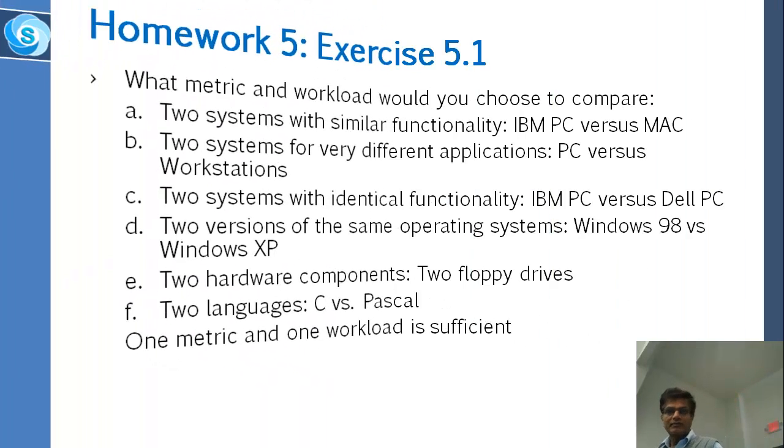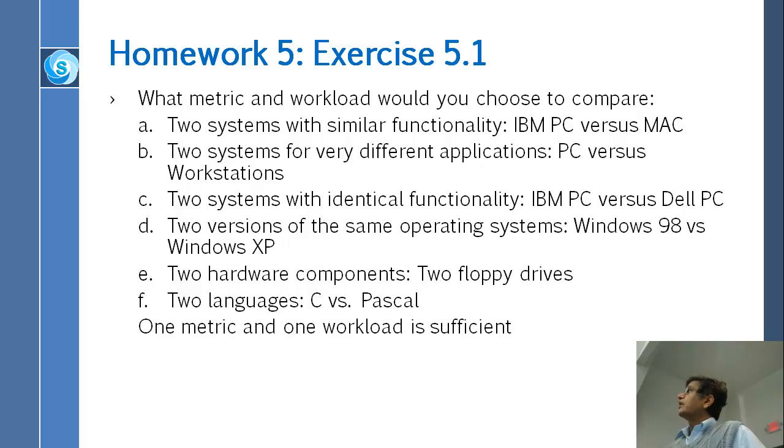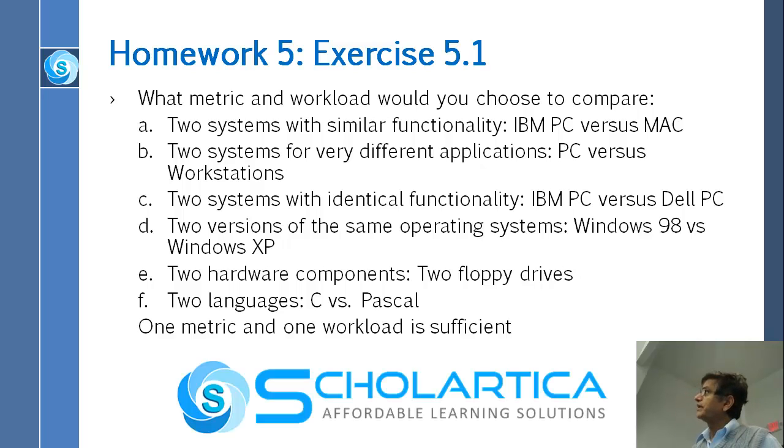So this is homework number 5. Now, what are the metrics and workload you would choose to compare two systems with similar functionality, IBM PC versus Mac? Two systems for very different applications, PC versus workstations? Two systems with identical functionality, IBM PC versus Dell PC, which are similar things?